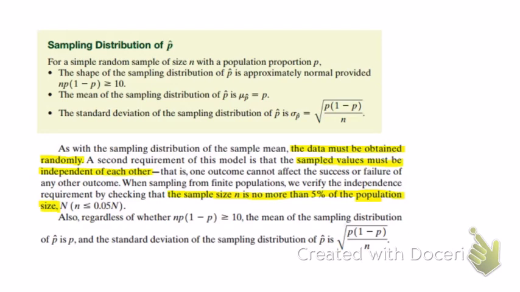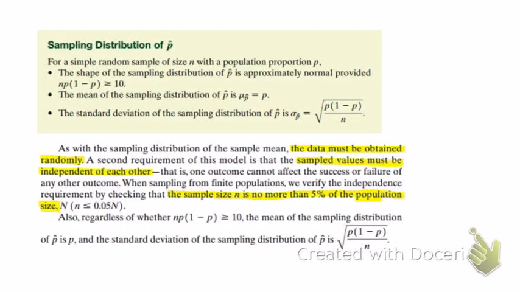So the shape of it is about normal as long as when you multiply the sample size times the population proportion times 1 minus the population proportion, as long as you get a number greater than or equal to 10. All that really is saying is, is our sample large enough? See, if you got a small sample, when you multiply those three numbers together, you won't get a number bigger than 10.